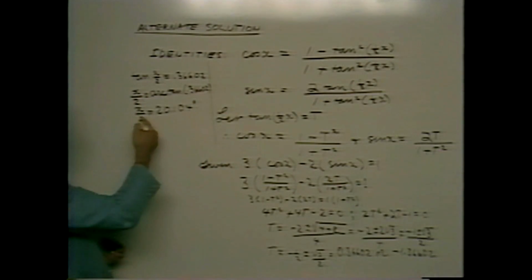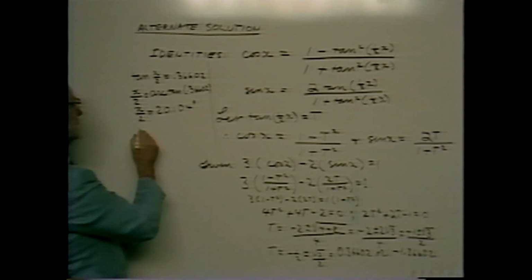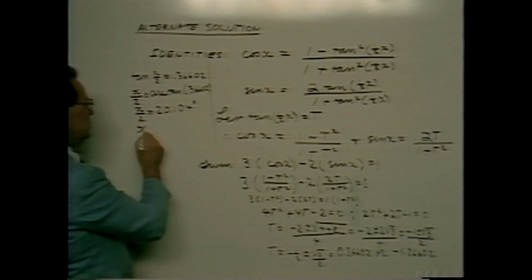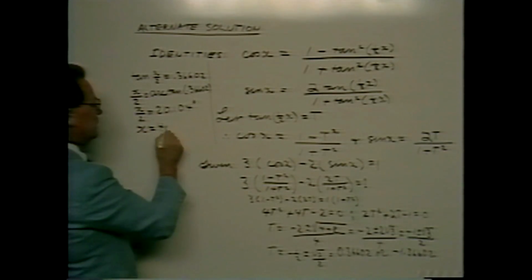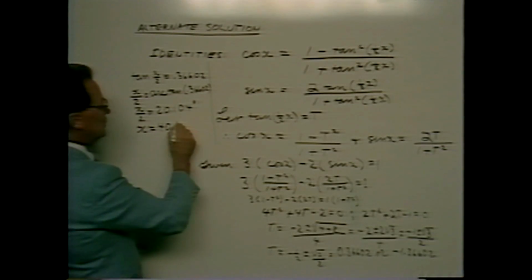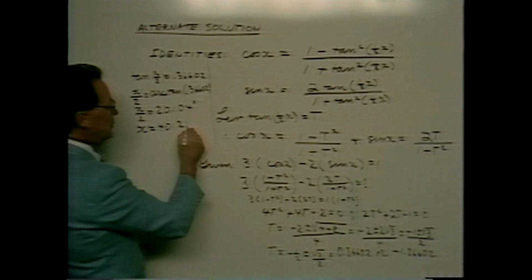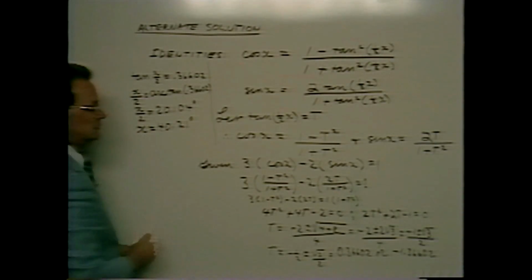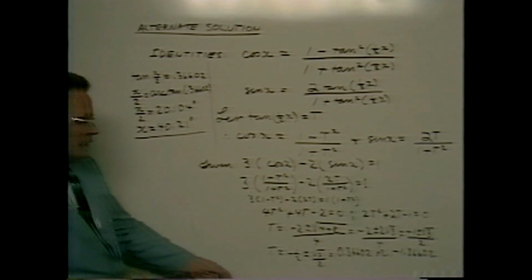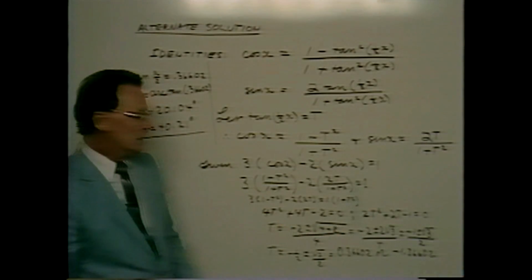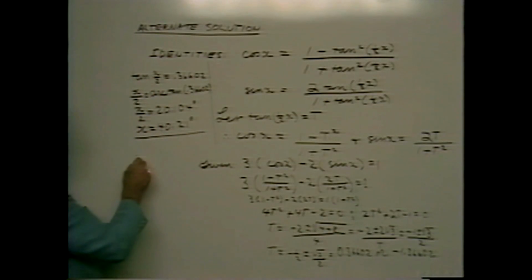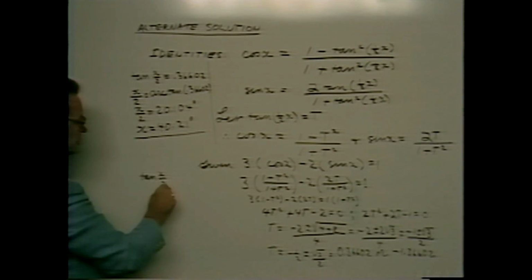Now, if x over 2 is equal to that quantity, then multiplying both sides by 2, x is equal to 40.208 or 40.21 degrees.